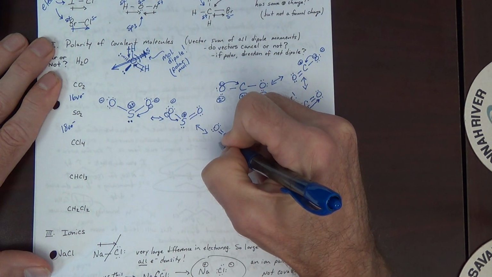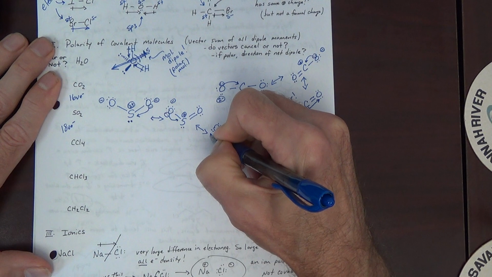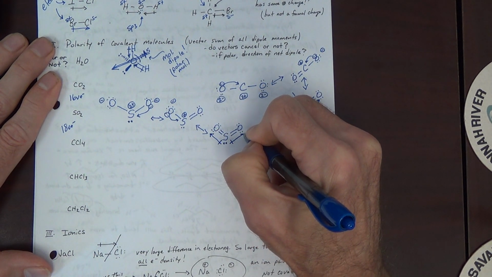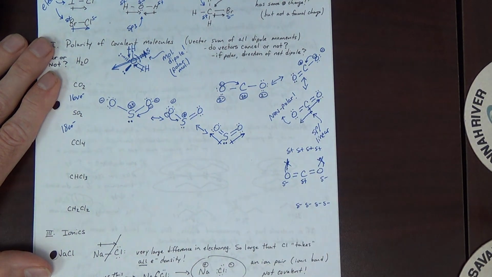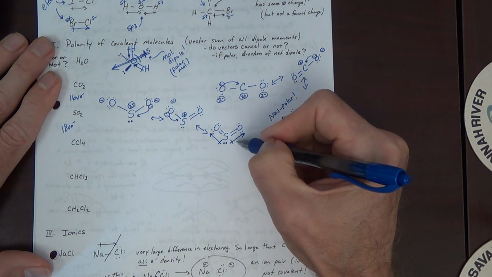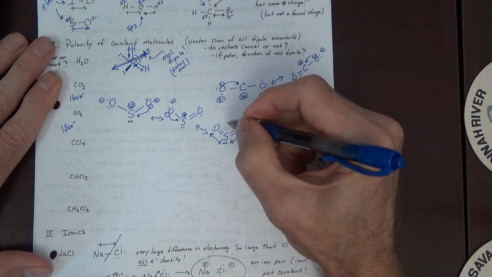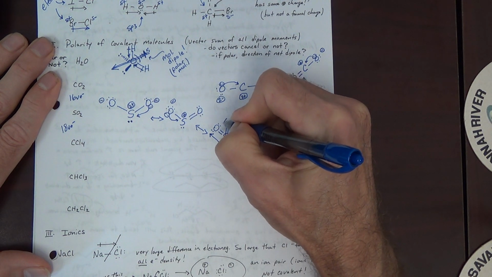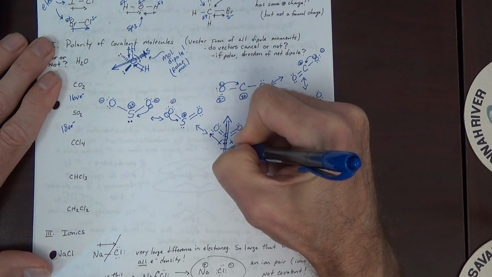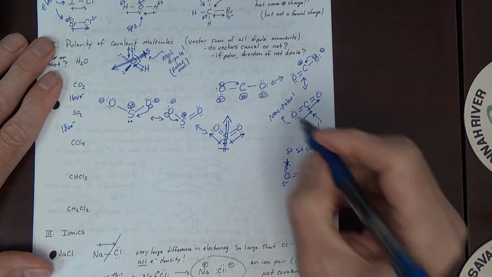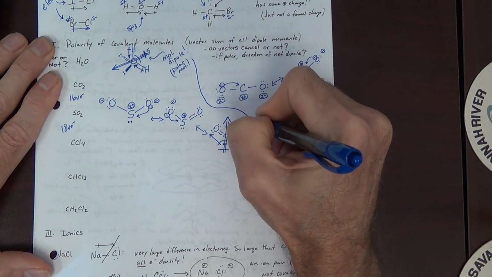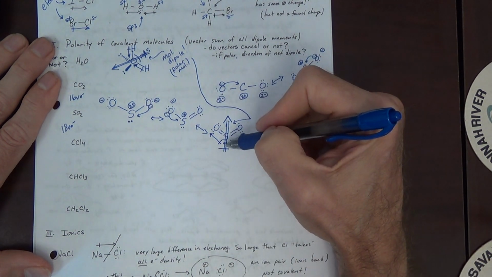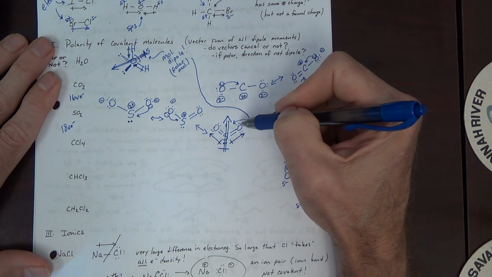Dipole. Oxygen is more electronegative than sulfur. Those two individual dipoles are equal, but they're not opposite. This has one molecular dipole sort of right up between the two oxygens.